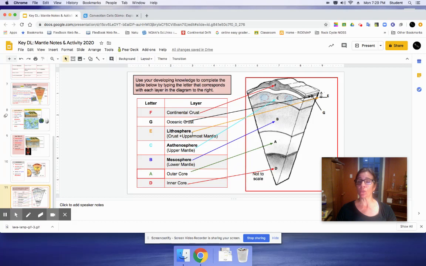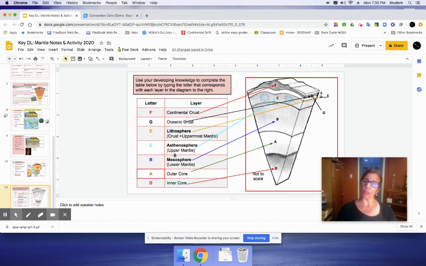So the lithosphere is made up of two parts of planet Earth, the crust and the uppermost mantle together. Underneath that lies that semi-solid, plastic-like rock, the asthenosphere, followed by the lower mantle, also known as the mesosphere. And then as we get into deep planet Earth, we're at letter A, the outer core and the inner core.